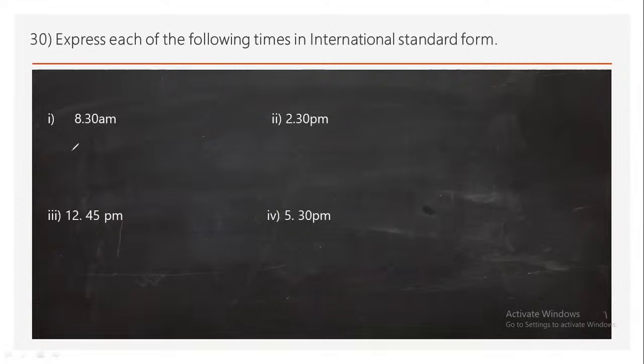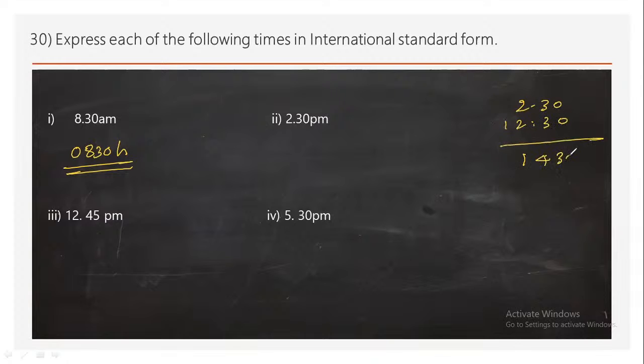Express each of the following times in International Standard Form. 8:30 a.m. 0 a.m. no, so no need to add, right? 8. Even no need to write like this. 3:08. This one, how can we write? 2:30 p.m. So 2:30 plus 12. 14:30.